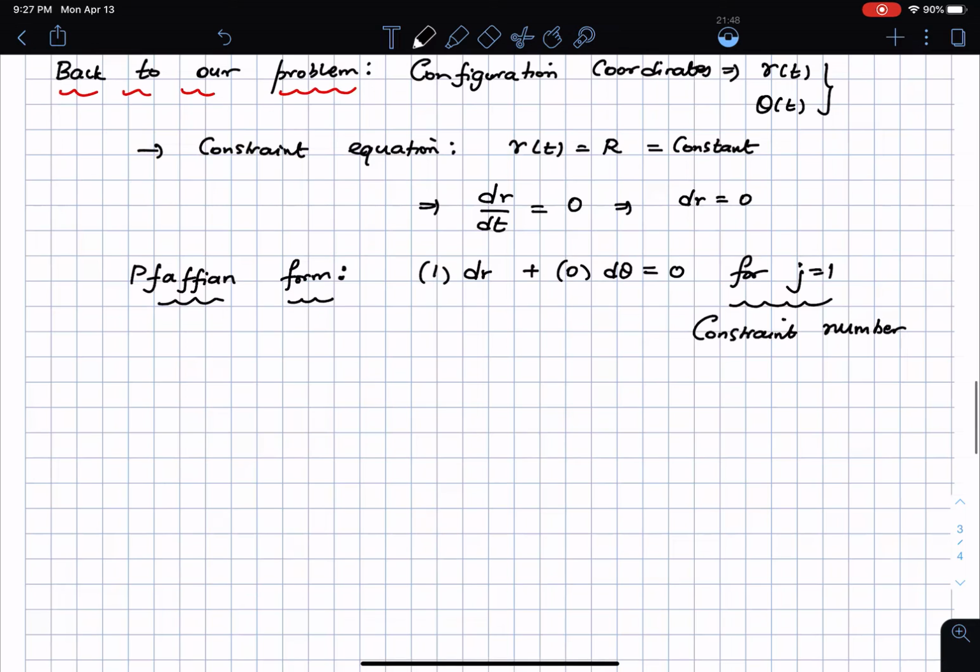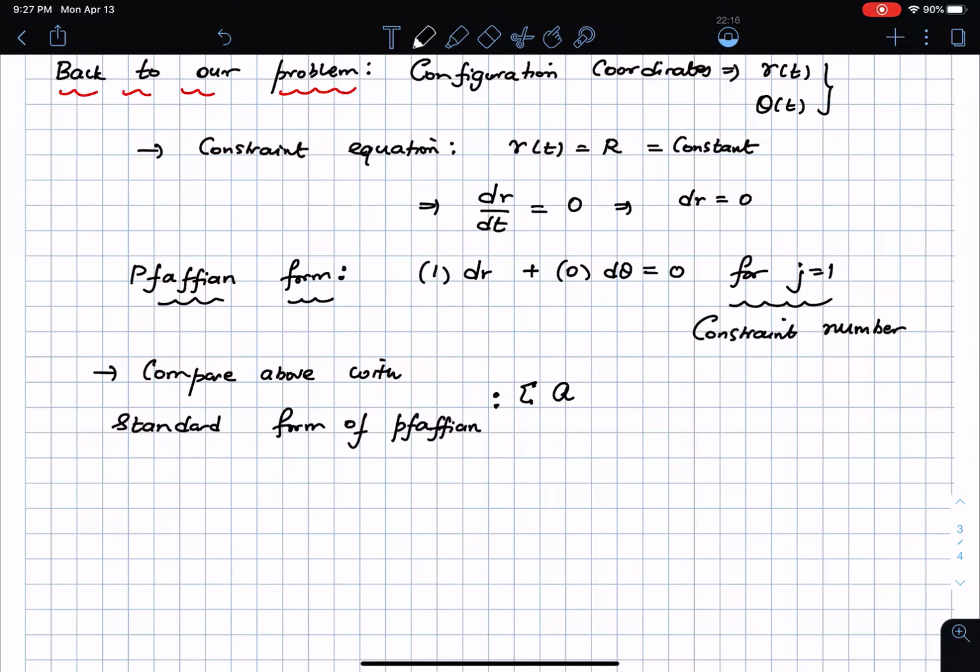And so if I compare the above with the standard form of the Pfaffian, since there is only one constraint, let me actually write the standard form.